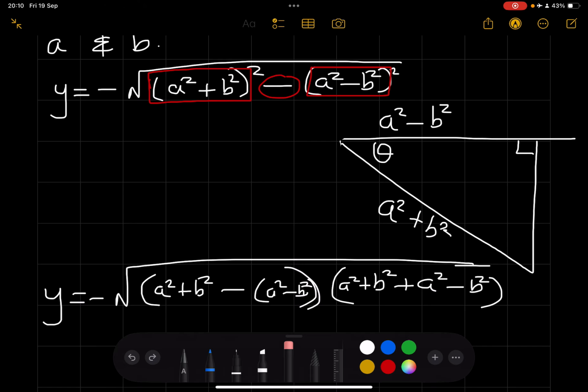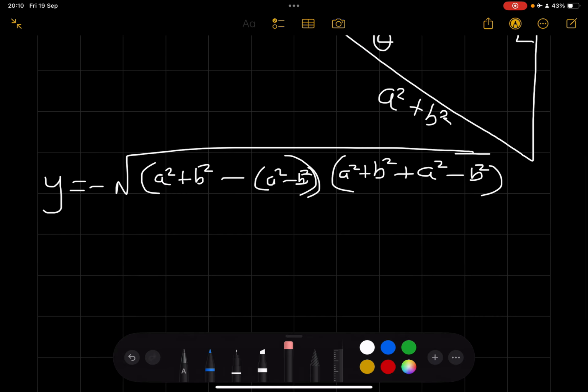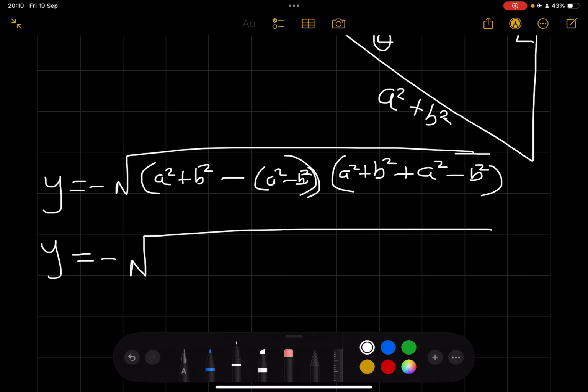Now let's proceed. When I have y equal to negative square root of, in the first bracket, the a squared and the a squared will cancel. The b squared will become positive due to this negative. So in the first bracket, we have b squared plus b squared, which is 2b squared.